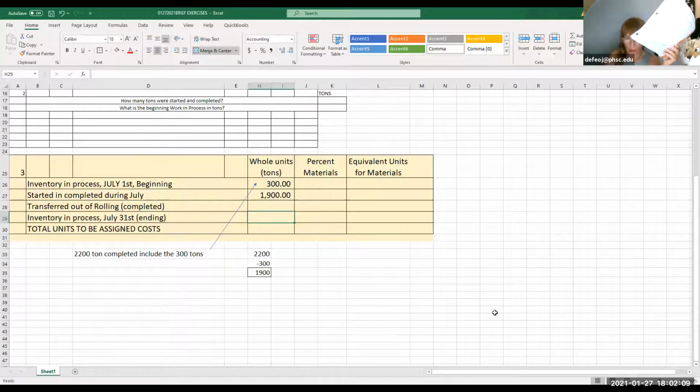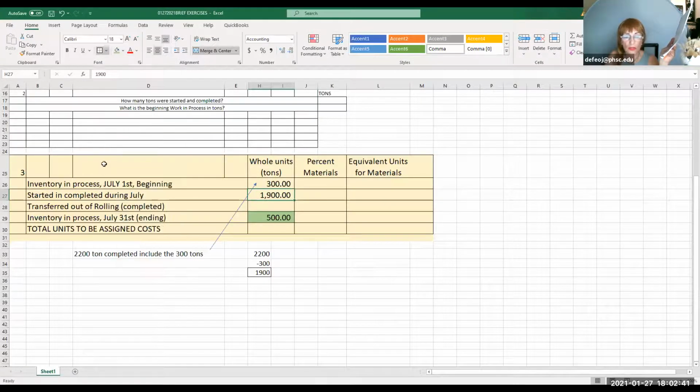I'll highlight it in green. What am I going to put in the green box? It says 500 tons at the ending inventory, which is July 31. 500? Yeah, 500, good.